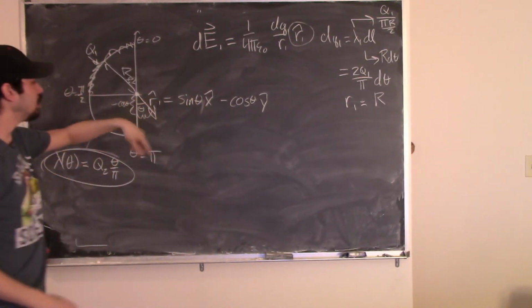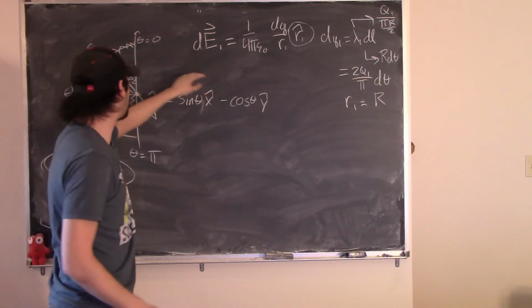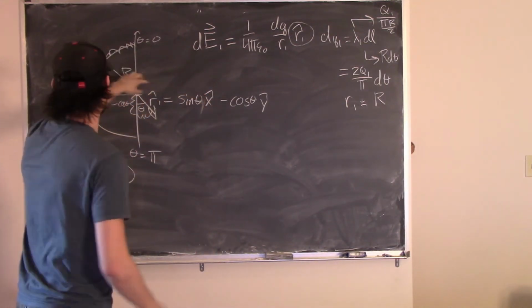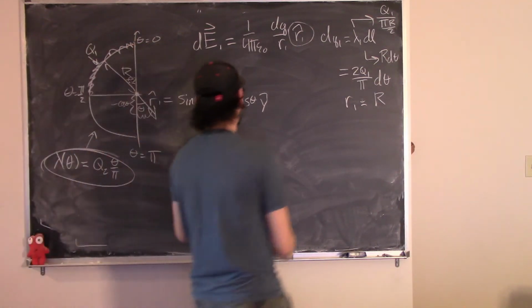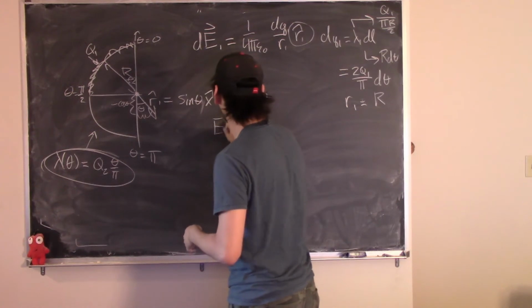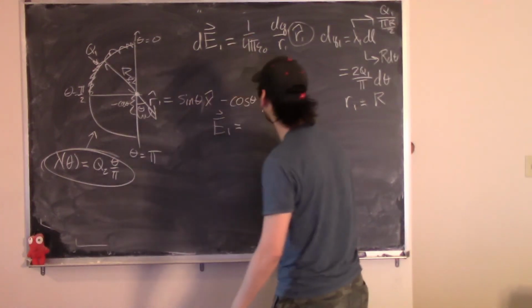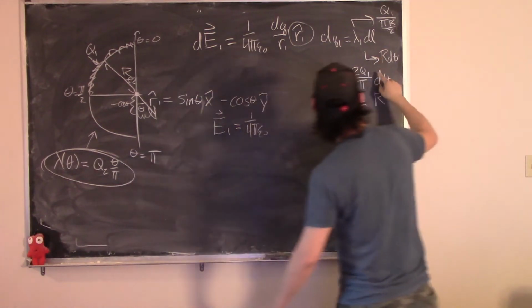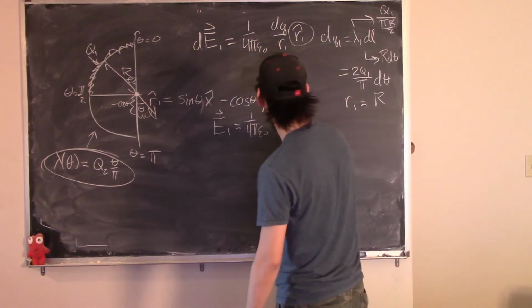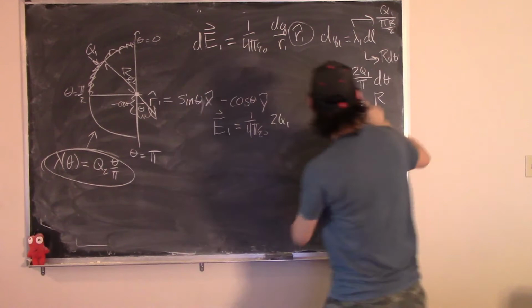Okay. So now I can put this all together to find what the electric field is produced by this portion right here. That's to say that E vector 1 is going to be equal to 1 over 4 pi epsilon naught. We can plug in our lambda, so this is going to be 2q1 with a pi.